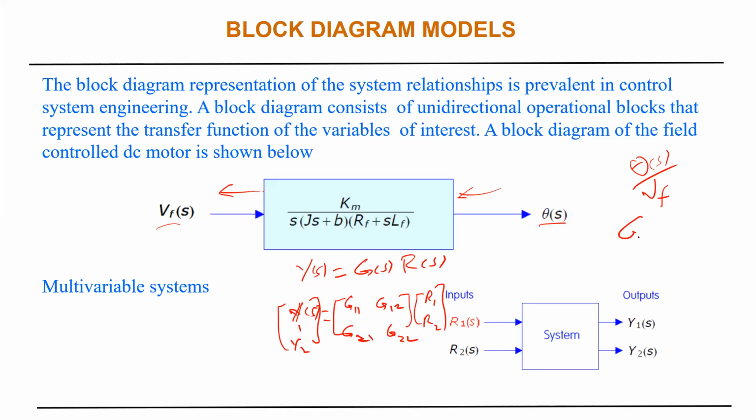In general, Gij, the i represents the ith output, while the j represents the jth input.